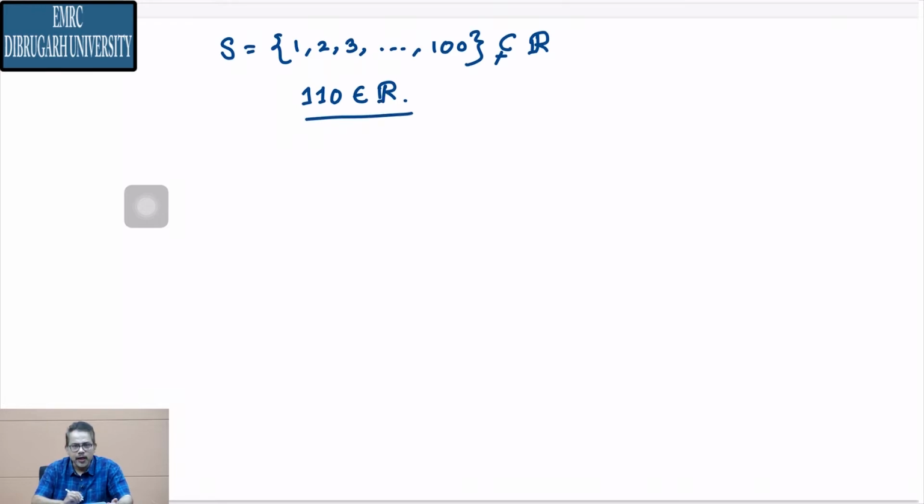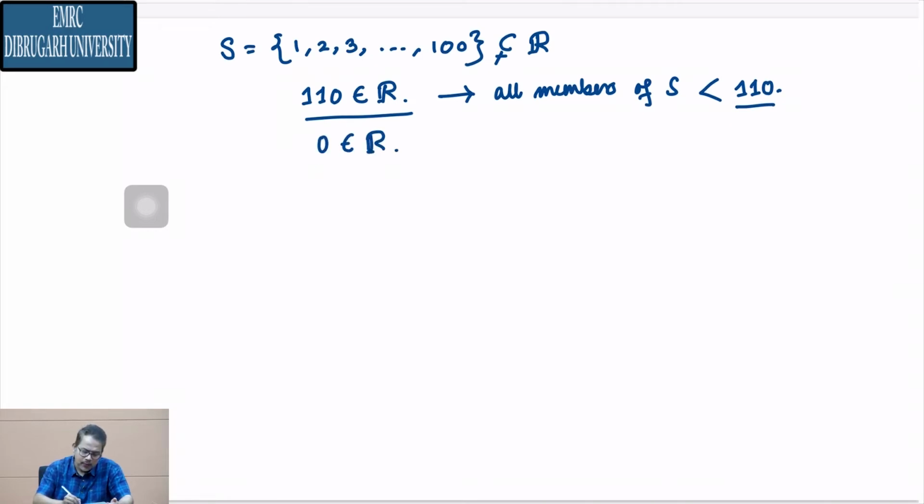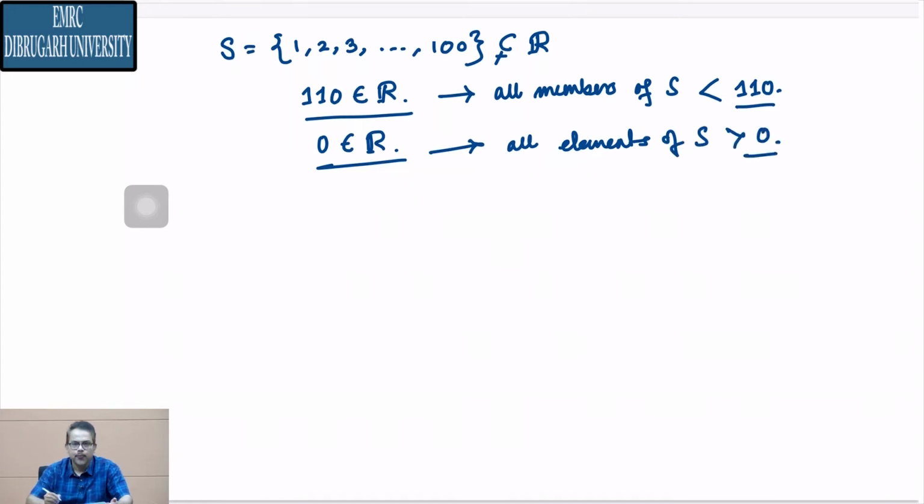Now, you can see all members of S are less than 110. Similarly, take the element 0 belonging to R, then you can see all elements of S are greater than 0.